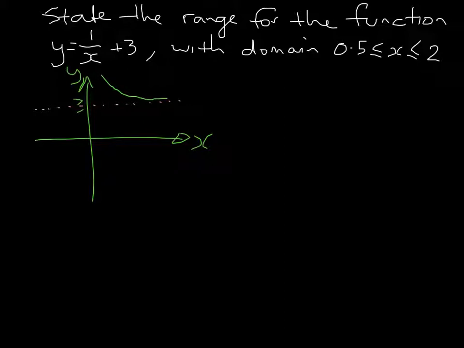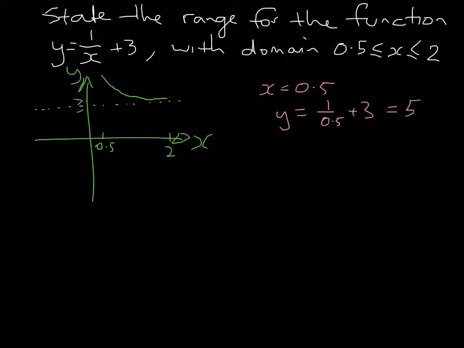Now, we're told that our domain has a restriction, 0.5 through to 2. So what we need to do is to find the corresponding y values in order to work out the range. So if we have x equal to 0.5, then y is equal to 1 over 0.5 plus 3. 1 over 0.5, how many halves are there in 1 is 2. So 2 plus 3 is equal to 5.